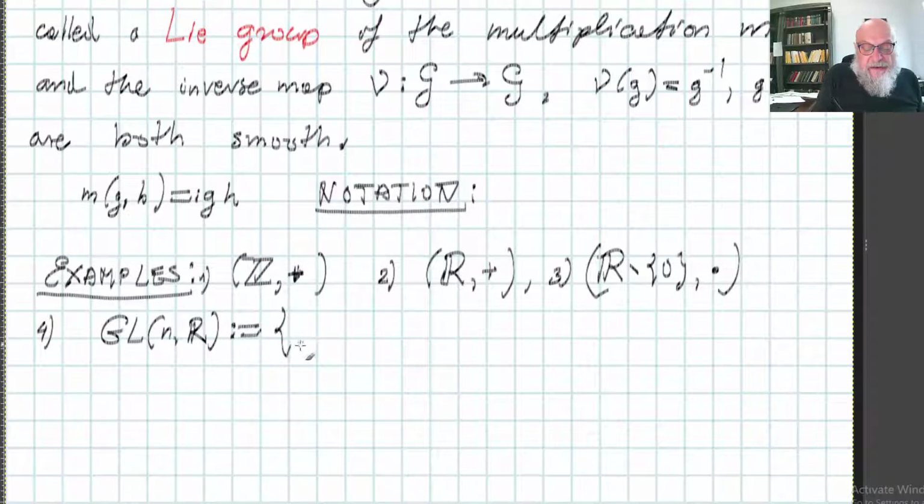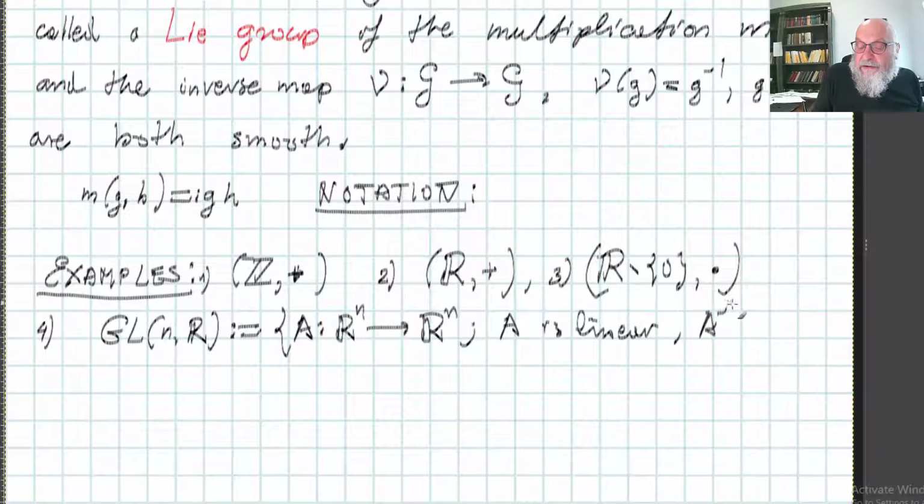Those are the n by n matrices A from R^n to R^n such that A is linear and A^-1 exists. So this is called, as you remember, the general linear group.